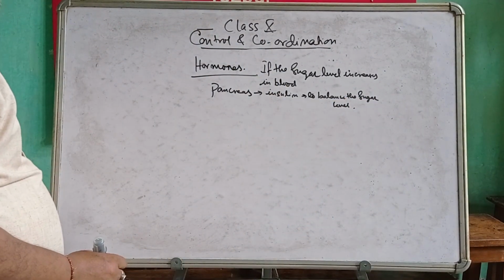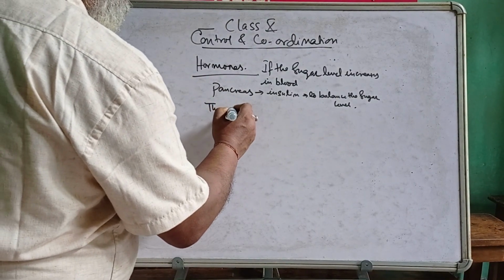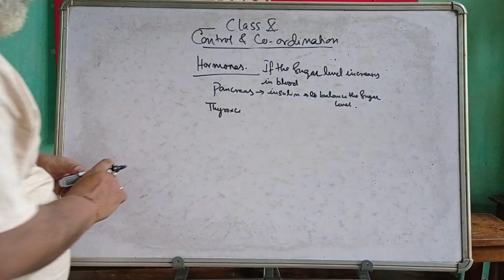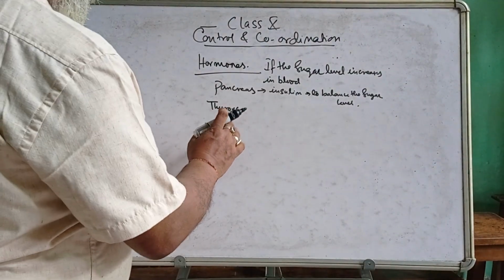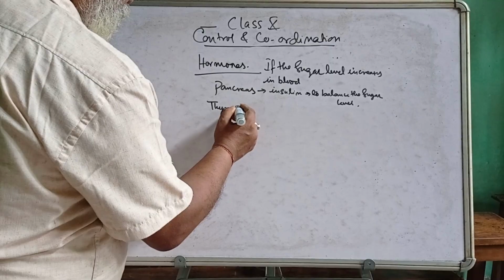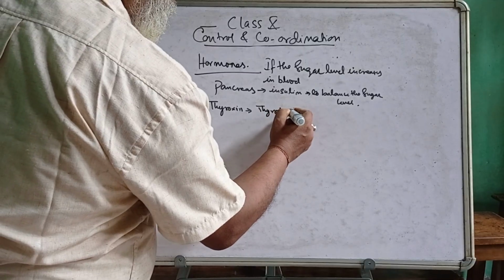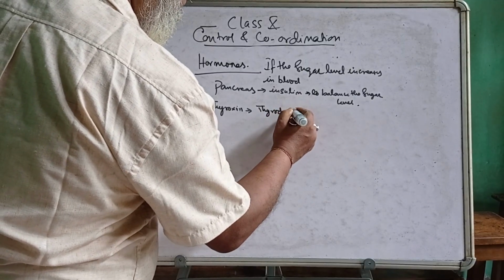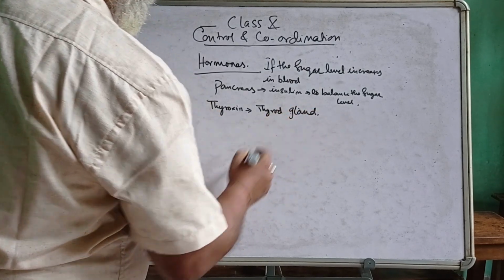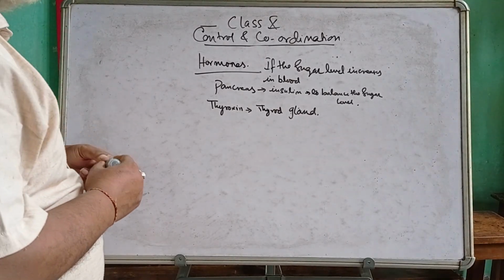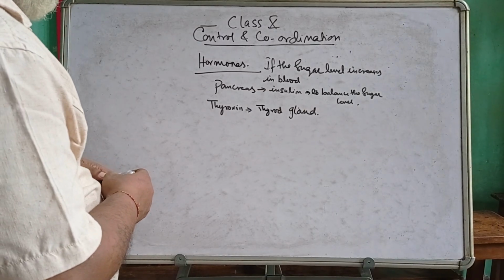Similarly, thyroxine is secreted by the thyroid gland, and for the synthesis of thyroxine, common salt is very necessary.